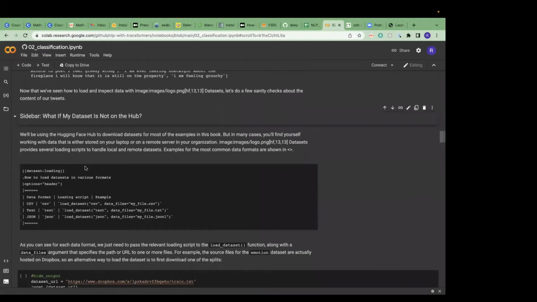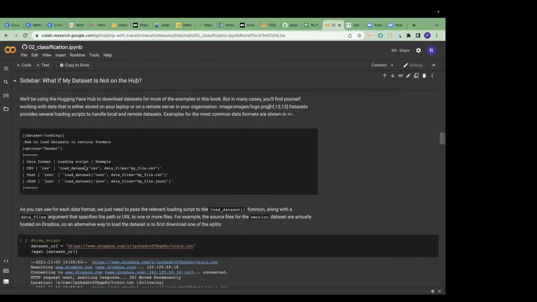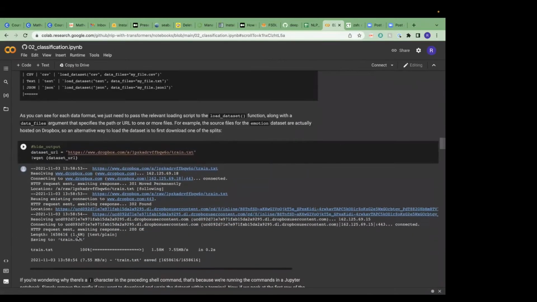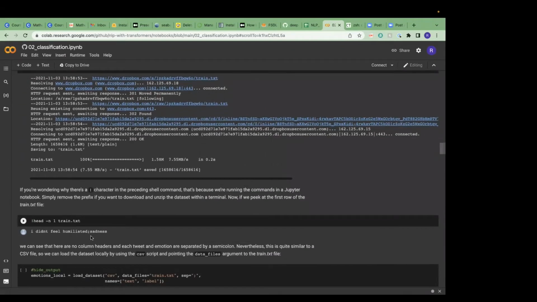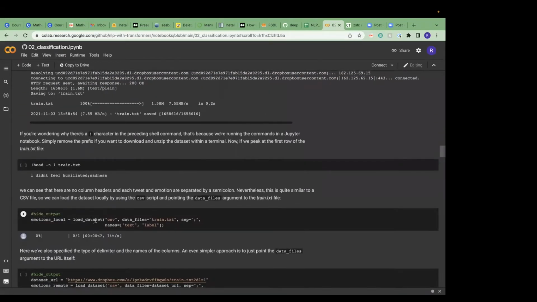If your data set is not on the Hub, then in this case it's getting a file from Dropbox, downloading that file, and then loading the data set as a CSV file.